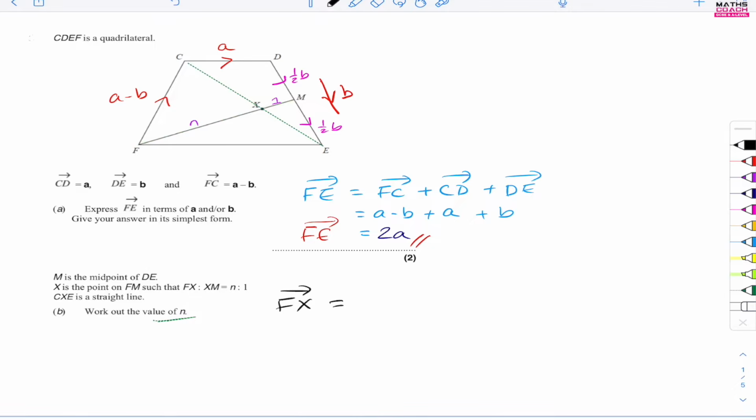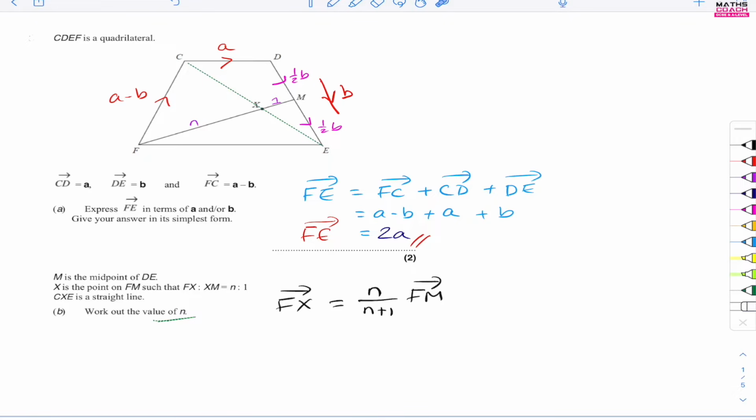We can say it's N over N plus 1, because N plus 1, we're adding them together to give us the full value of that line FM. And it's the part of FM. Just to reiterate, F to X is N out of N plus 1 parts of FM, which is the full line. So that's one way we can write that.